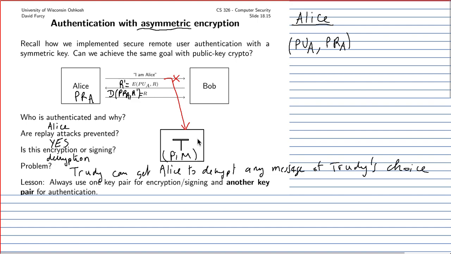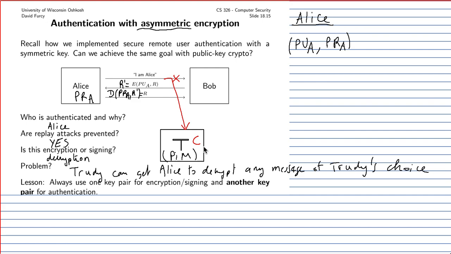Then she's going to pick a message, or maybe she's going to capture an encrypted message that Alice had sent to someone else in a previous communication protocol. So let's say that Trudy has access to a ciphertext, something that was encrypted with Alice's public key that someone else was sending to Alice, some confidential message C.